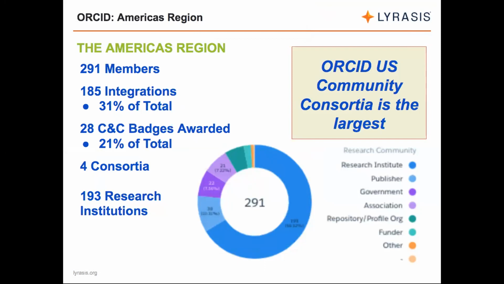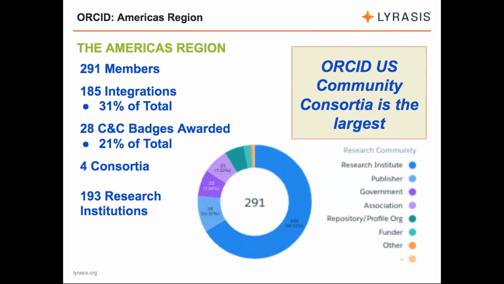We've now got 291 members just in the Americas region and 185 integrations, with 28 of those qualifying for Collect and Connect badges. And then there are 4 consortia, of which the ORCID US Community is one of them, and it's also the largest consortia in the Americas.